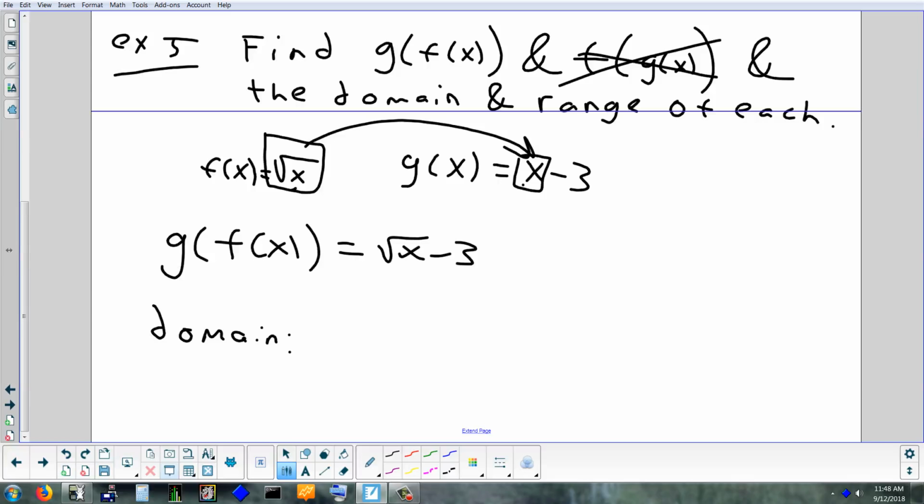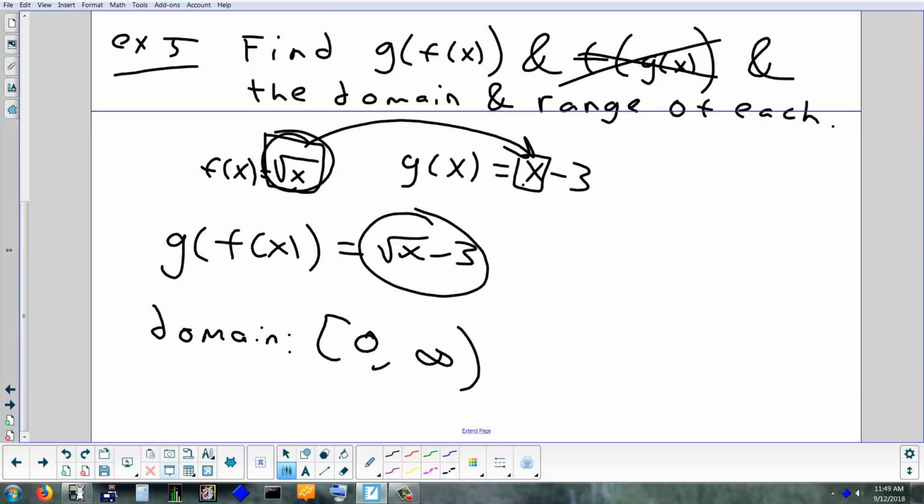You can't have a square root that's 0. Nope, you can do 0. You can take the square root of 0. That's okay. What can't we take the square root of? Yeah, a negative. So the restriction you get on the composed function is exactly the same as the restriction on the inside function. There's no difference.